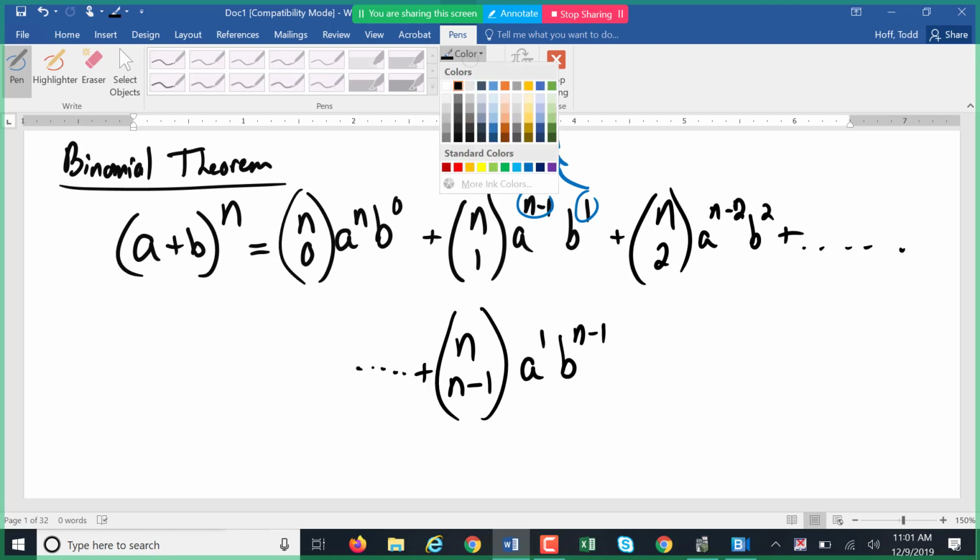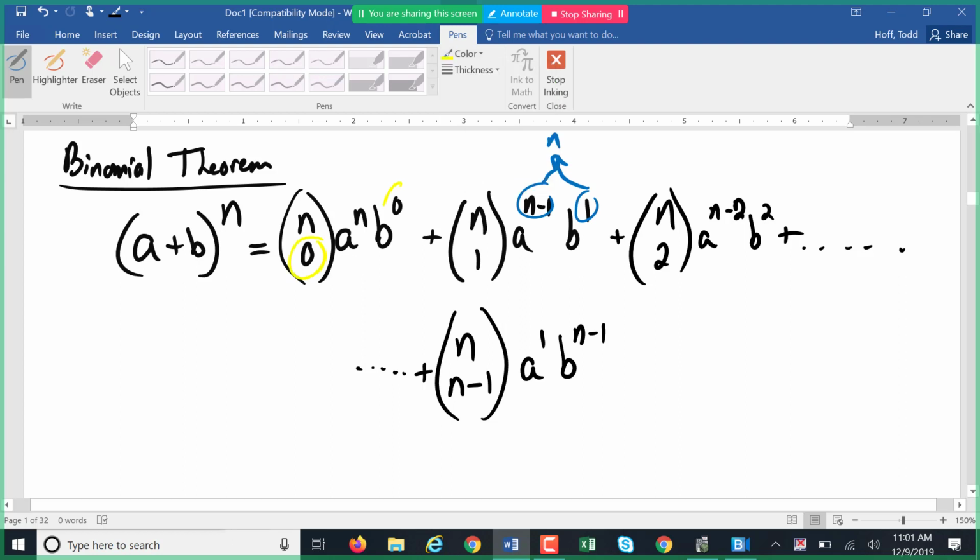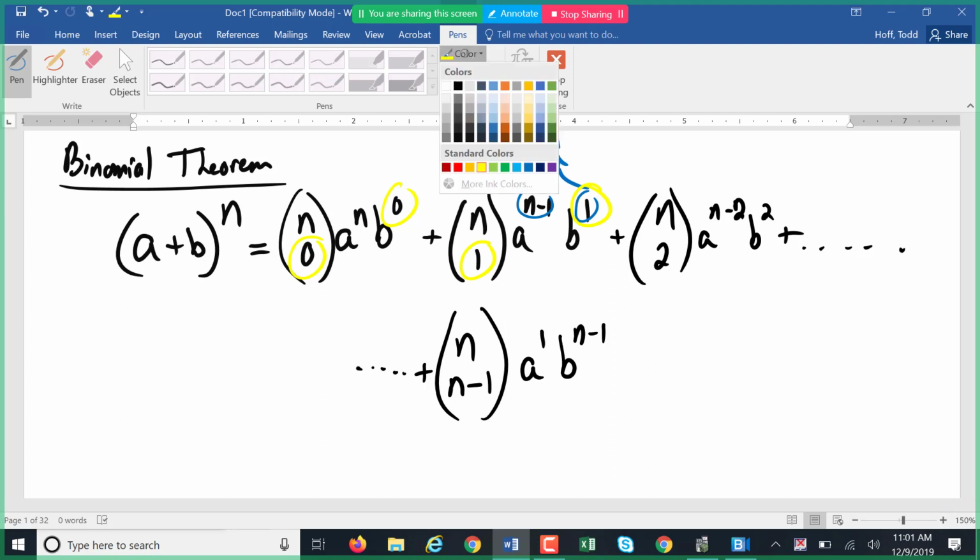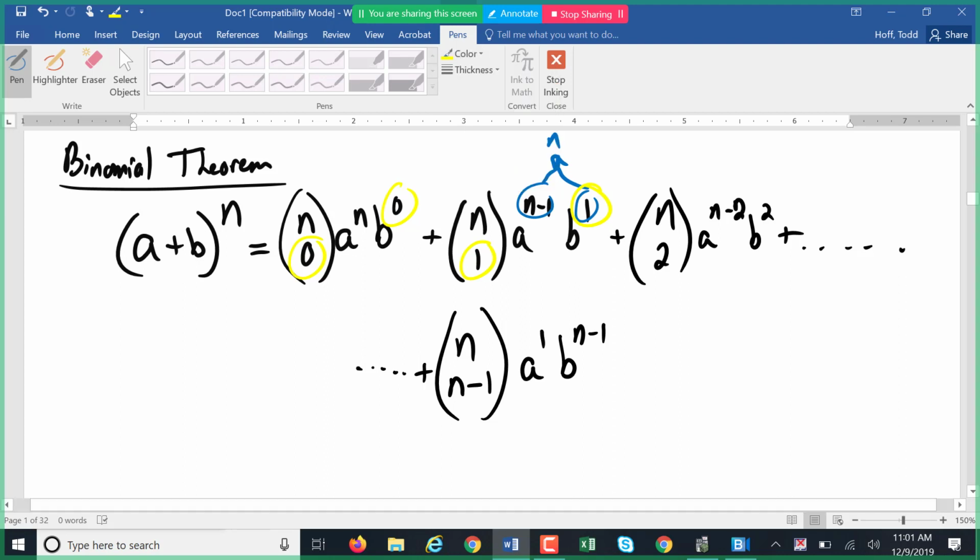Also, you'll notice the bottom term in our combination is always the power of b. And the last term would be n choose n. Of course, we know that's 1, of a to the 0, b to the n.